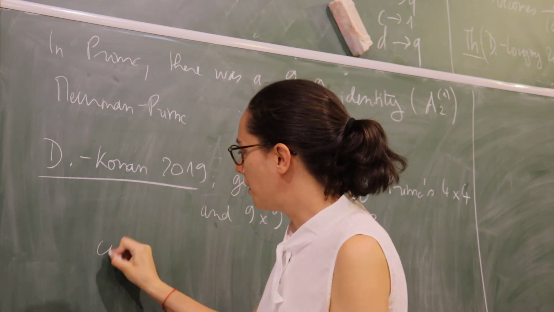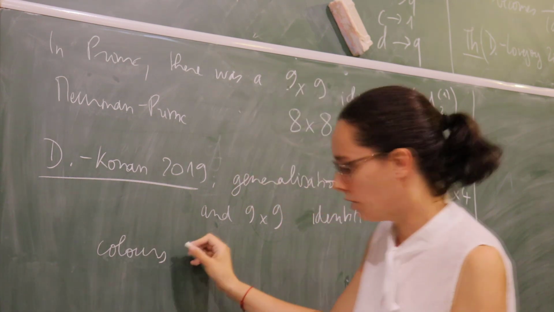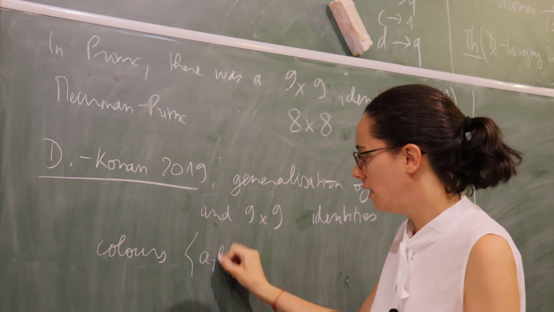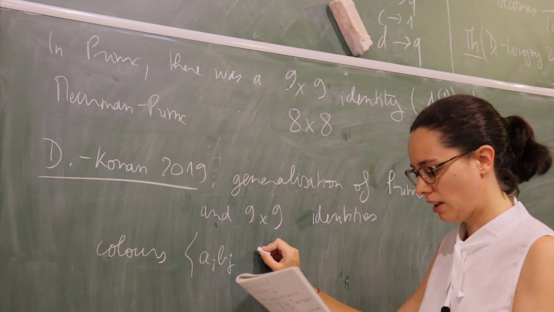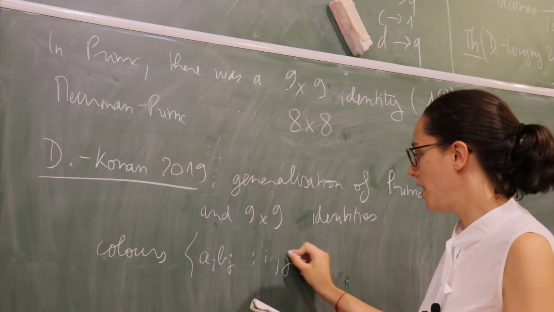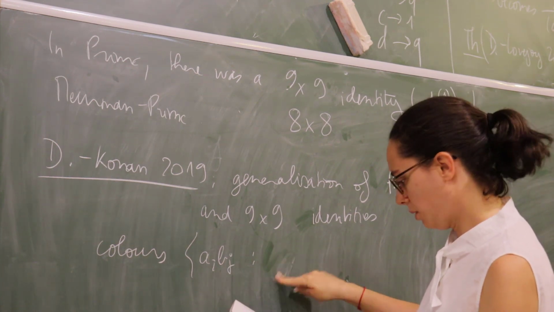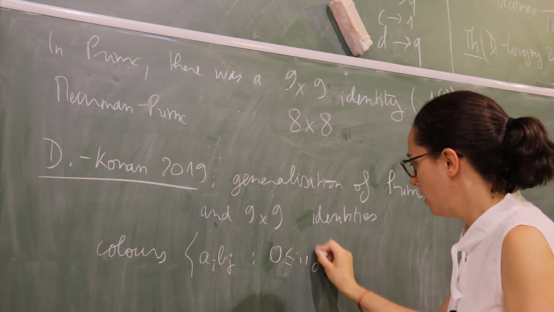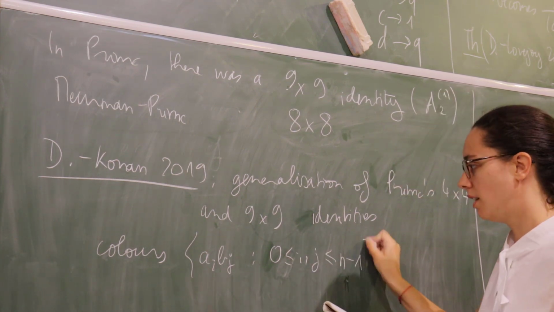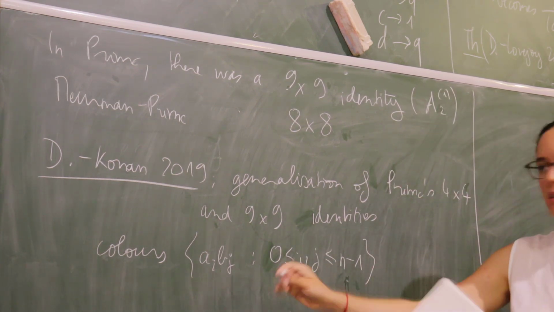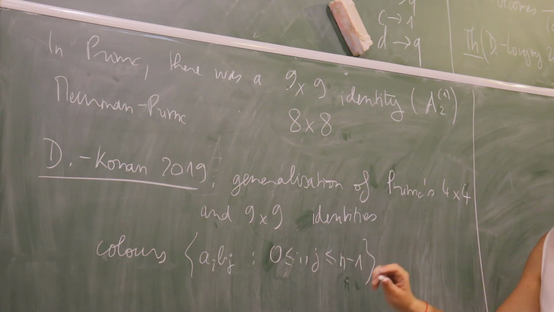So you would just have colors. The colors will be A_i B_j for i, j between 0 and n-1. That way we would get n-squared colors, okay?